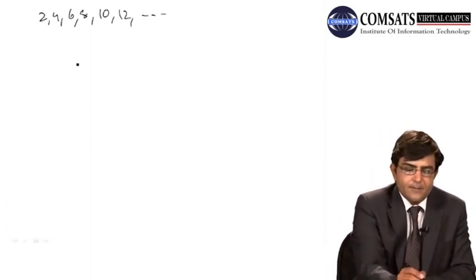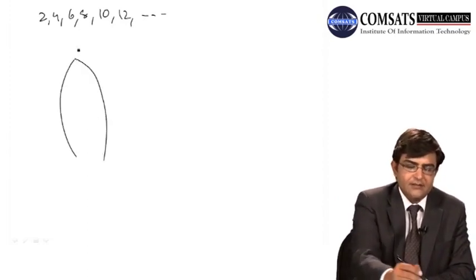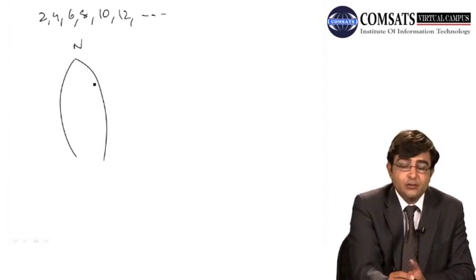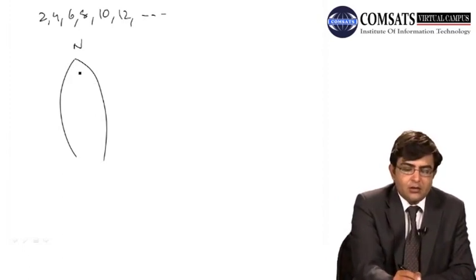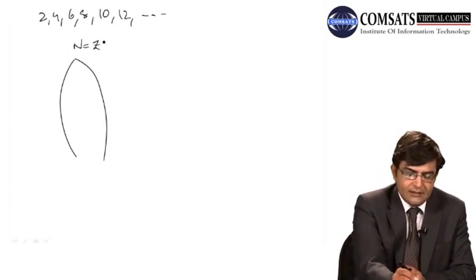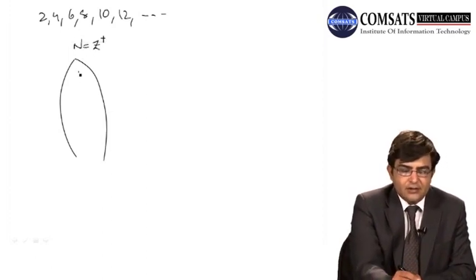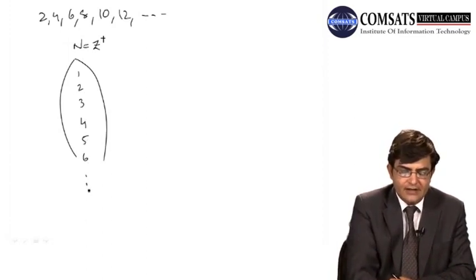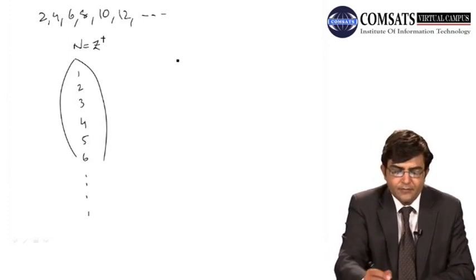Now if we take the set of natural numbers as a domain, or the set of positive integers Z plus, then this set contains 1, 2, 3, 4, 5, 6 and so on up to infinity.